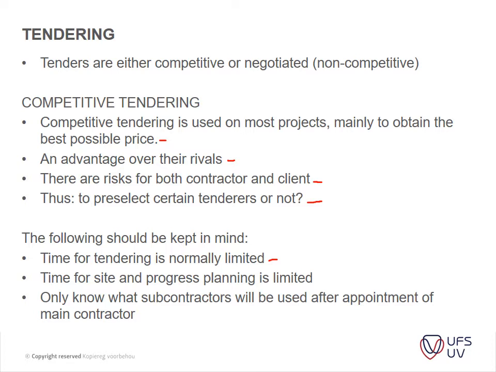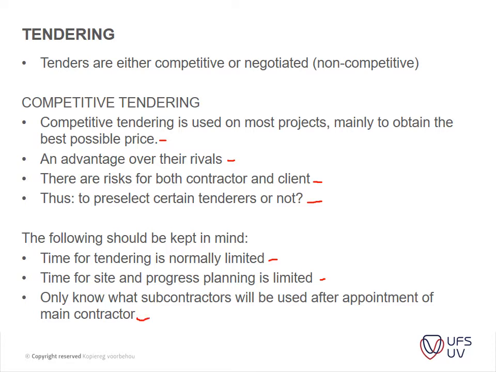Usually developers want to either occupy the house because they don't have another place to stay, or they need to get occupants in a commercial building because they want to start generating income through that. Time for site and progress planning is limited, and you only know what subcontractors will be used after appointment of the contractor.